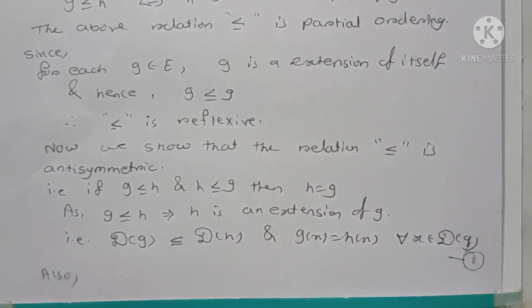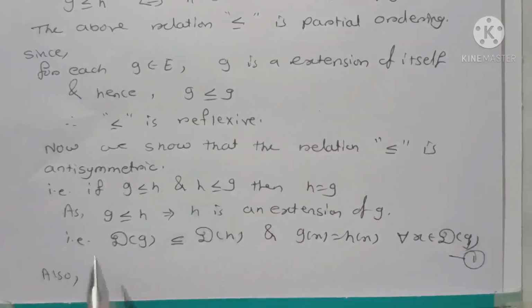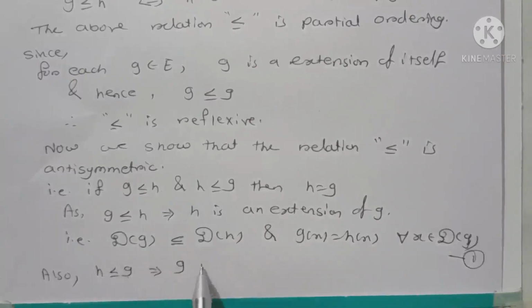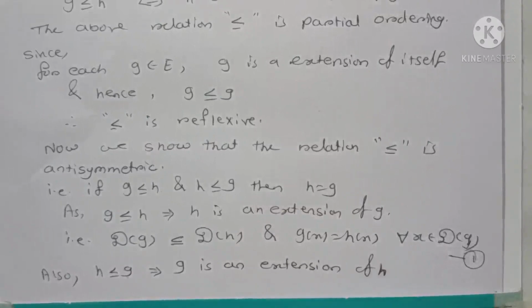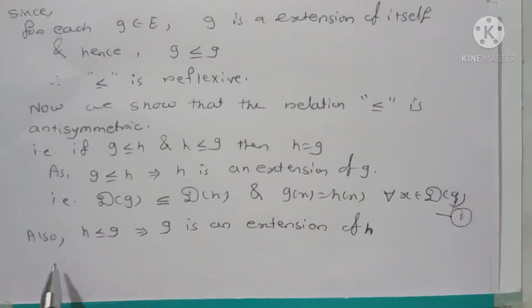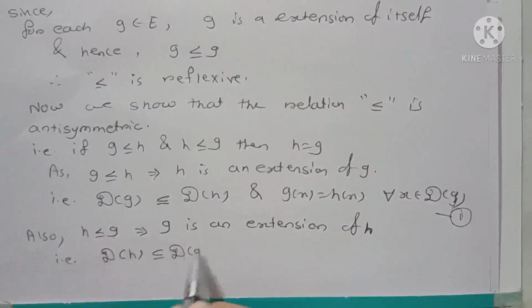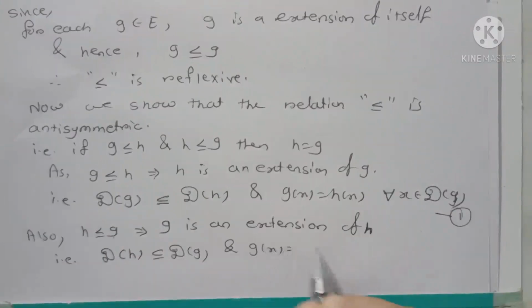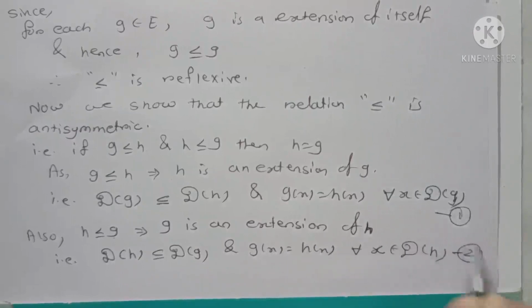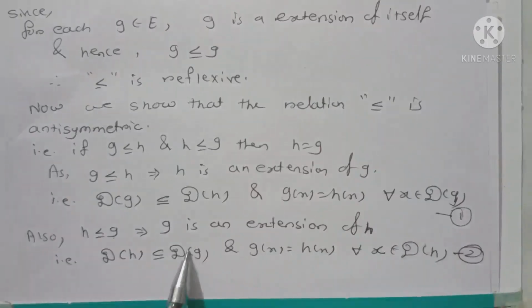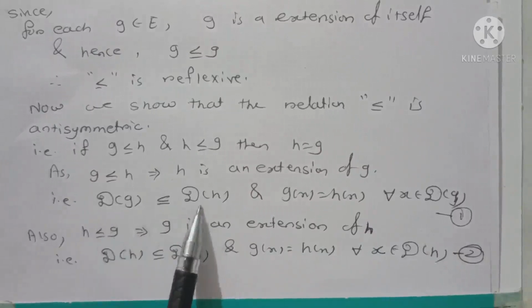Also here another condition is that h less than or equal to g. Also h less than or equal to g implies that g is an extension of h. That is, the domain of h is contained in the domain of g, and g of x equals h of x for all x belonging to the domain of h. Now from equations 1 and 2, we observe that the domain of g is a subset of the domain of h.